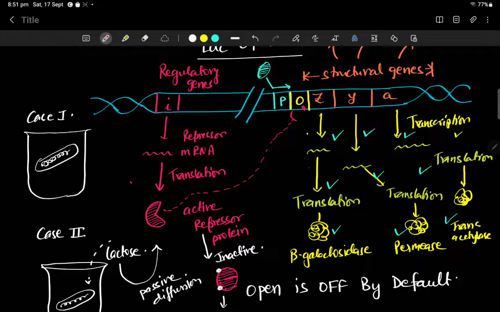Once the lactose in the medium is used up, the operator is blocked, RNA polymerase cannot do its job. So again, the transcription followed by translation of all these enzymes is halted. So with no lactose in the medium, the bacteria doesn't need to produce these gene products.